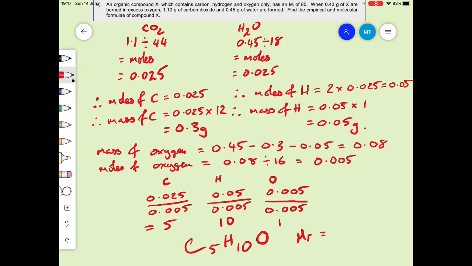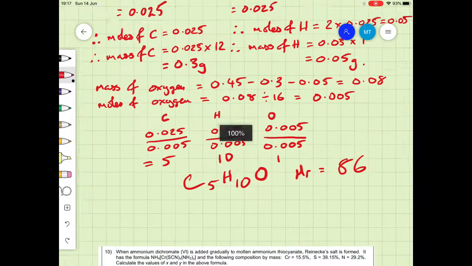Then it's once again comparing the mass with the relative mass from the question. That gives you 5 times 12 is 60, 10 times 1 is 10, and 1 times 16 is 16, so that's 86.